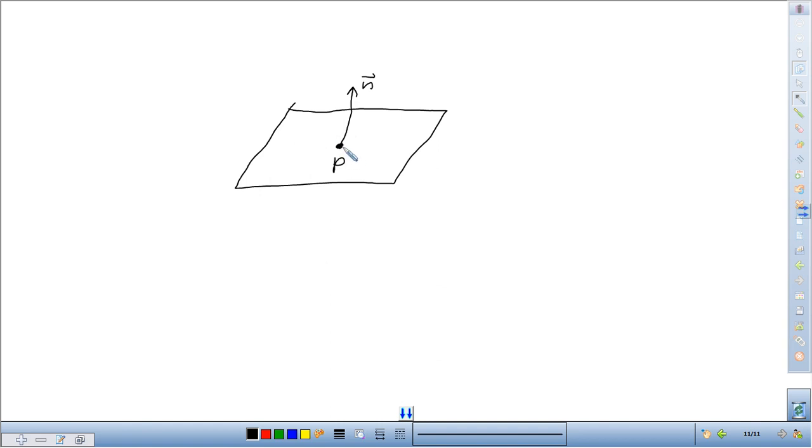Maybe I'm given a point on the plane and two vectors parallel to the plane. Well, I can take the cross product of those two vectors and find the normal vector to the plane. So it's a really easy way to find the equation of a plane.